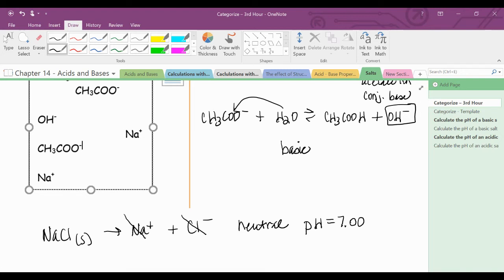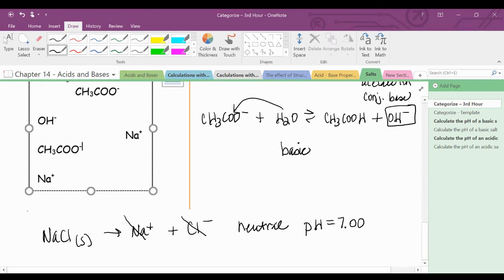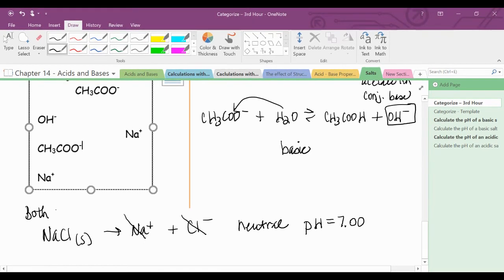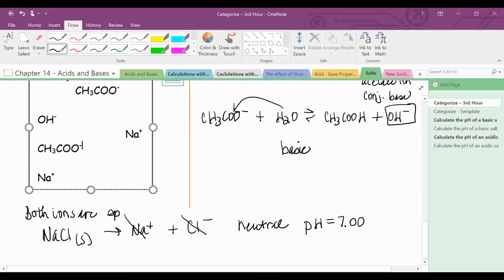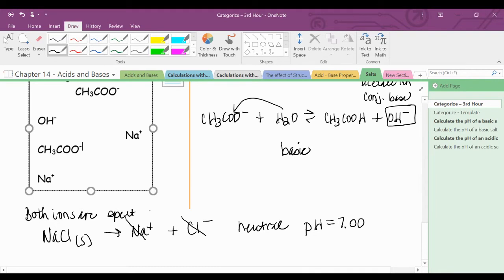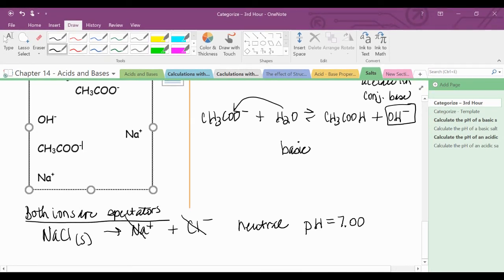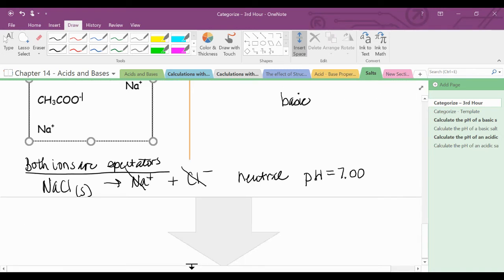All right, now we can have both ions that are spectators. And we can have it where both ions affect pH.